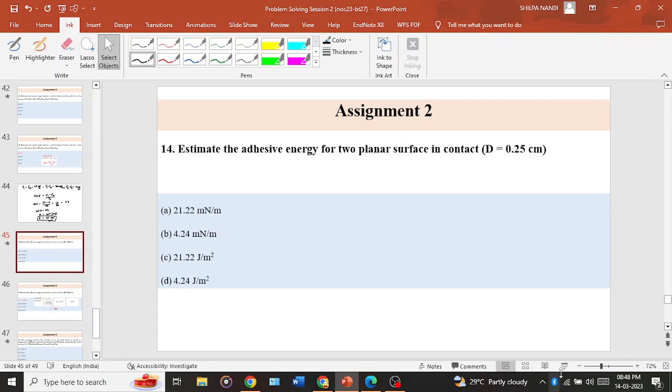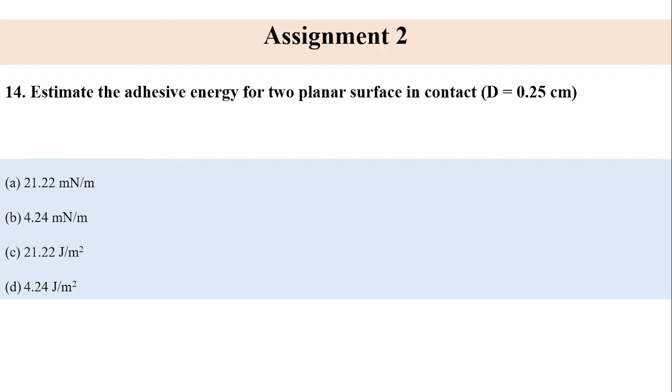So you have to estimate the adhesive energy. Don't confuse work of adhesion and adhesive energy. Here adhesive energy is given in terms of the interfacial energy. Fine, so the answer to the question is 21.22 millinewton per meter.